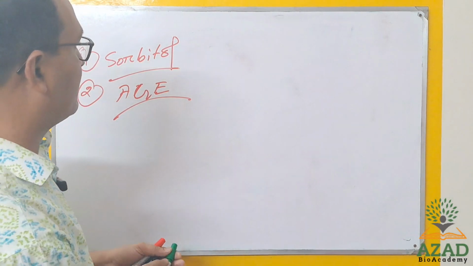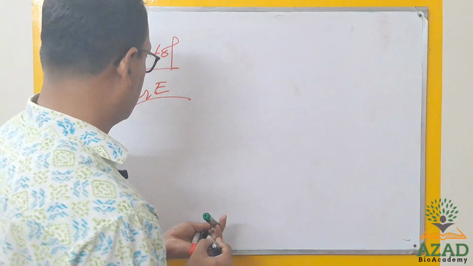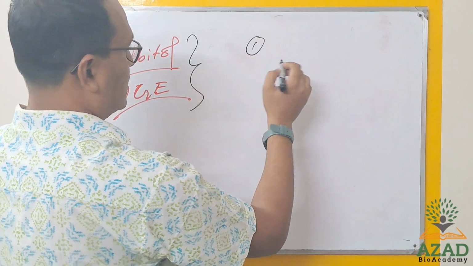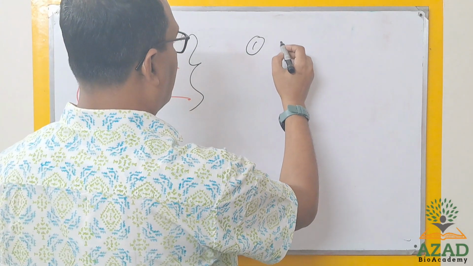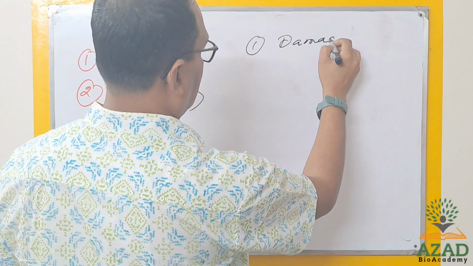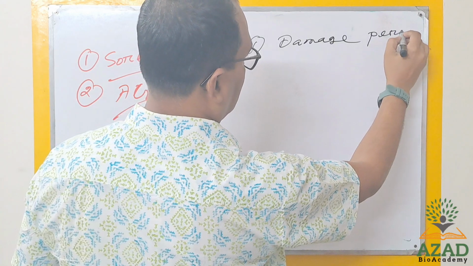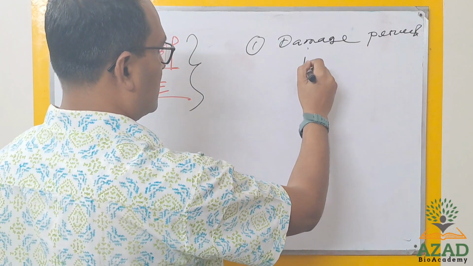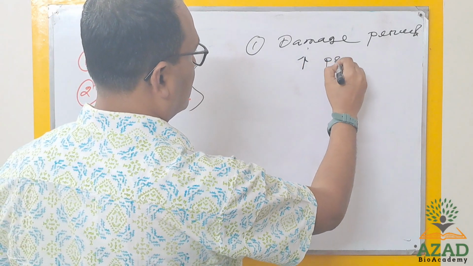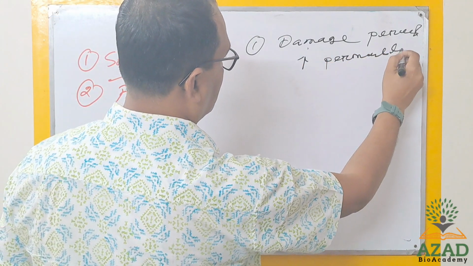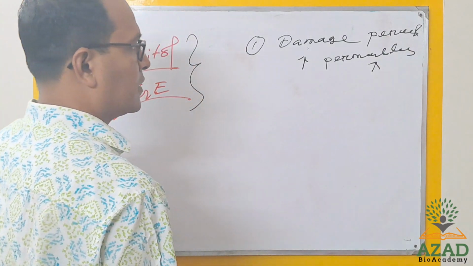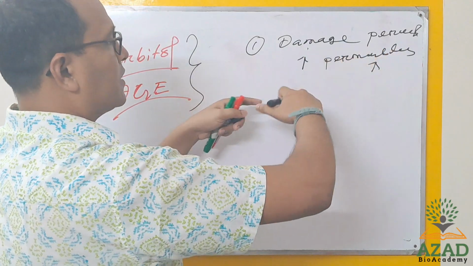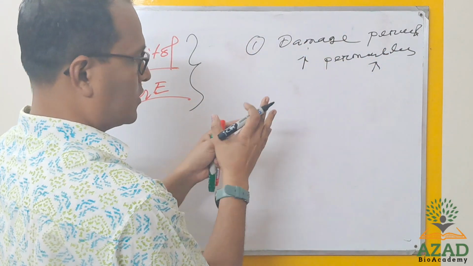Okay, so what will happen if those substances attack and damage your pericyte? Then permeability can increase. Okay, if the blood vessel permeability increases, so what will happen?